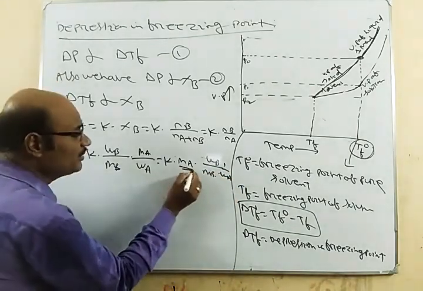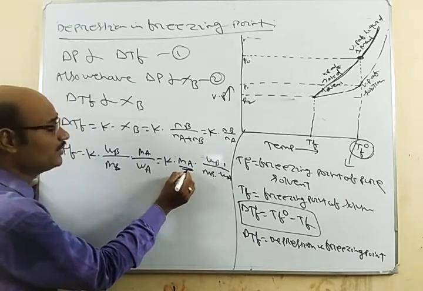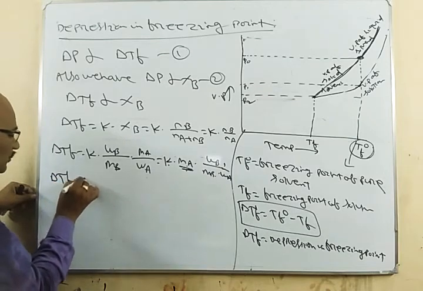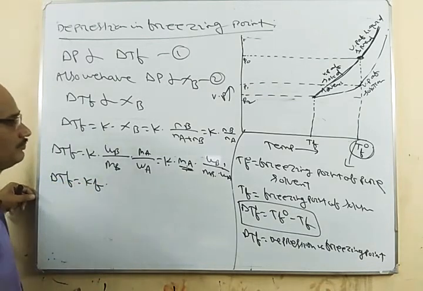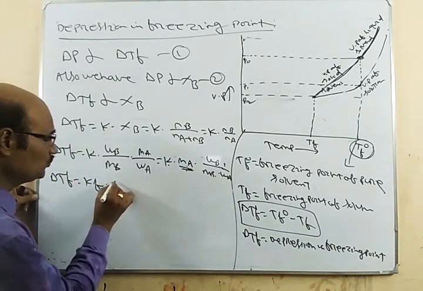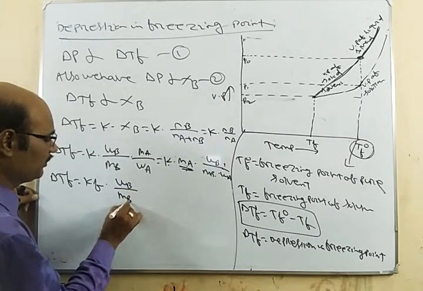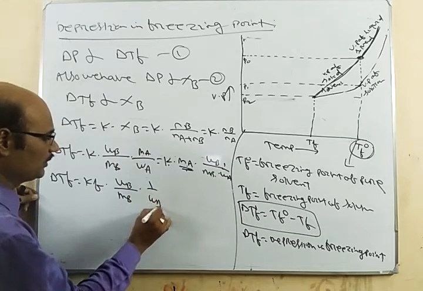So MA is the molecular mass of the solvent, that is constant. So constant into constant, I can write delta Tf equal to Kf into WB by MB into 1 by WA.